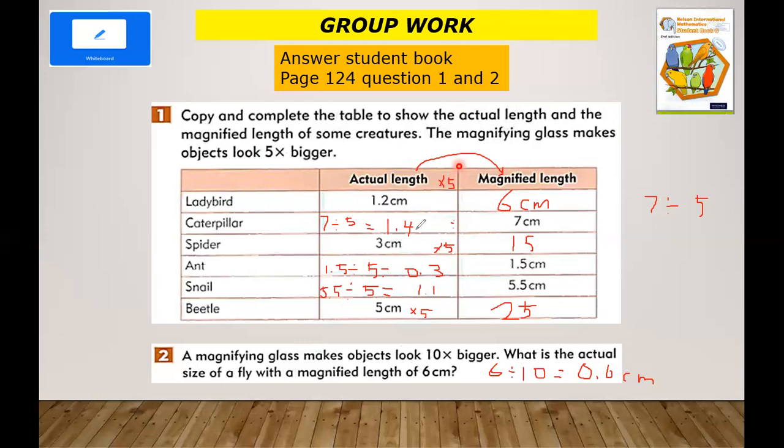If you remember, the ratio of actual length to magnified length is 1 is to 5. That's why we are multiplying.